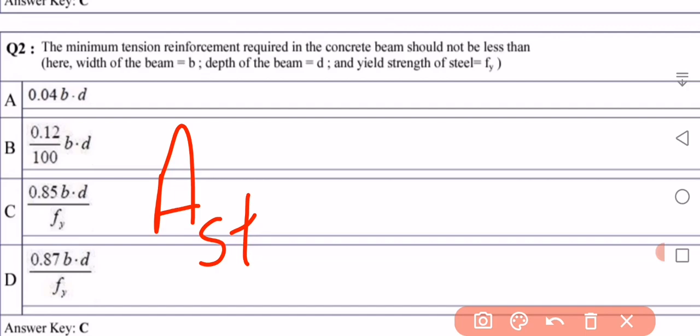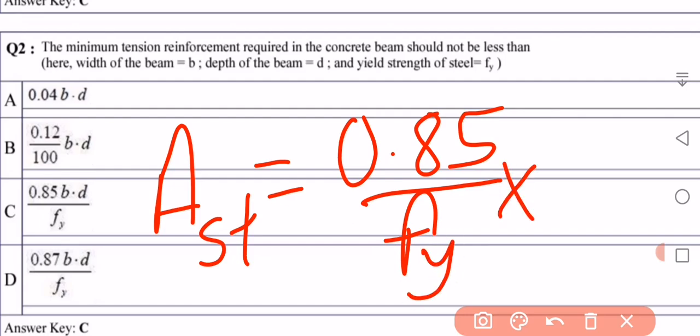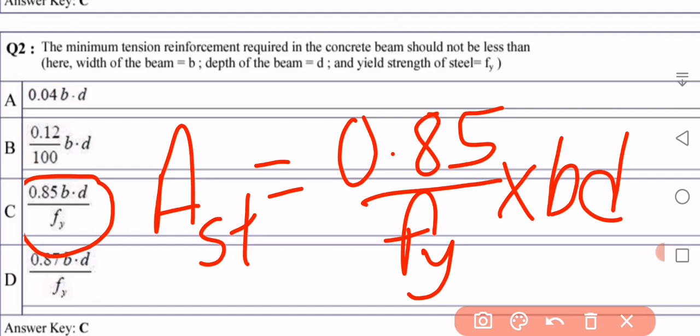The answer will be 0.85 divided by fy, multiplied by b d, where Ast is the area of steel, fy is the yield stress of steel, b is the width of beam, and d is the depth of beam. So our answer is C.